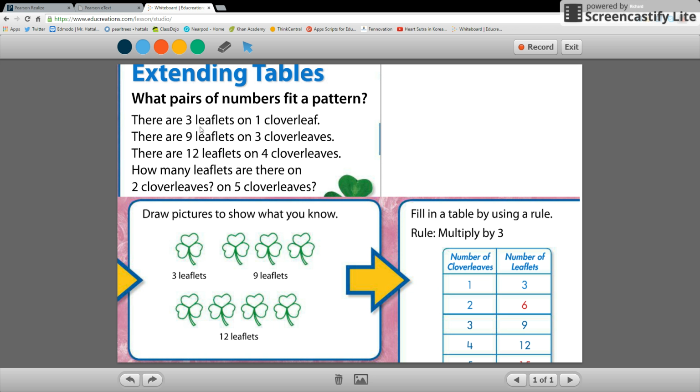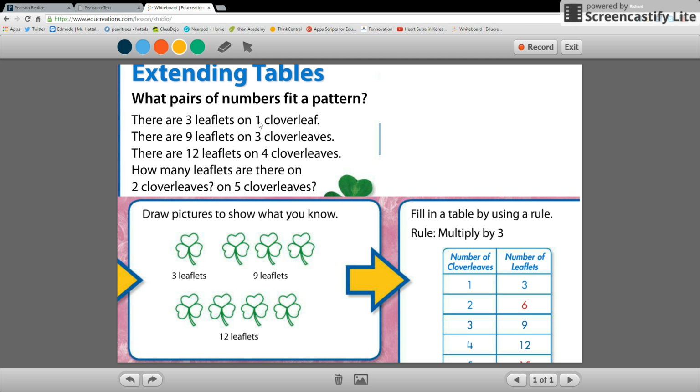So 3 leaflets on 1 clover leaf, 9 leaflets on 3 clover leaves. So if we look at that carefully, we determine that multiplying by 3 is the rule. So we're taking the number of clover leaves, multiplying it by 3 to get the number of leaflets.